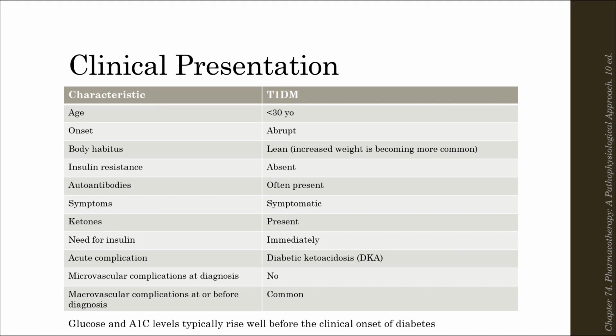Every patient with type 1 diabetes is going to need insulin replacement. Acute complications: diabetic ketoacidosis is the main acute complication of type 1 diabetes. You don't really see a lot of microvascular complications at diagnosis, but you can see some of those macrovascular complications at or before diagnosis, and we'll go through those as well.